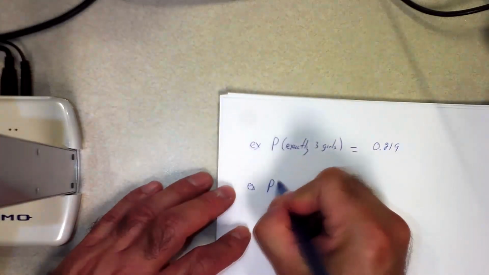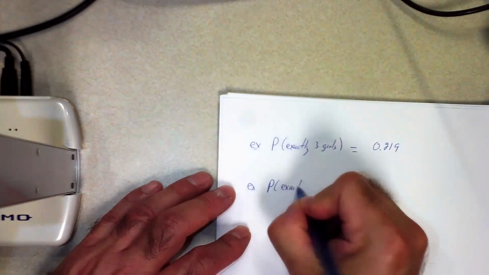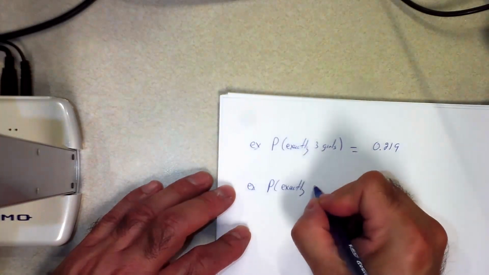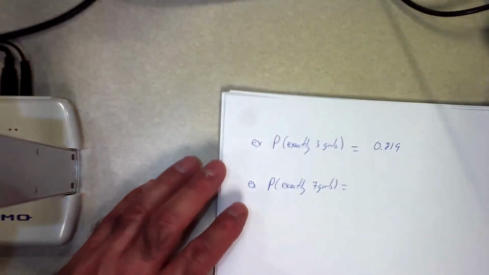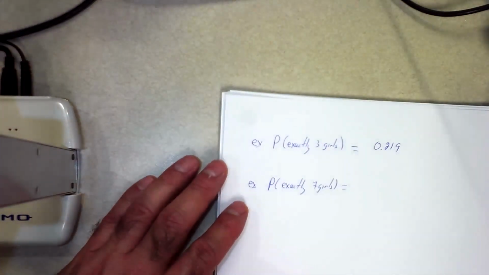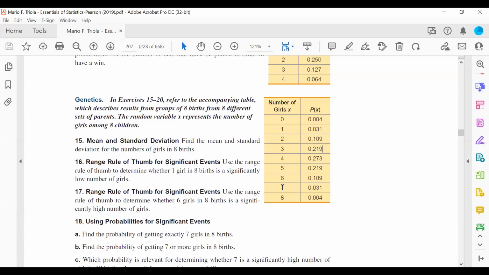What's the probability that there are exactly 7 girls among the 8 couples? You go to your table, you go to 7, and then you write down the probability, which is 0.031. There you go.